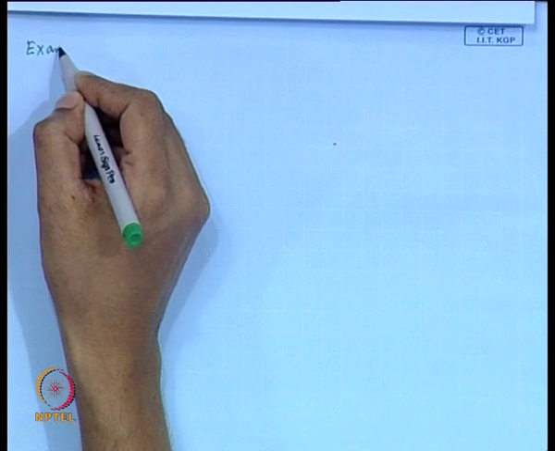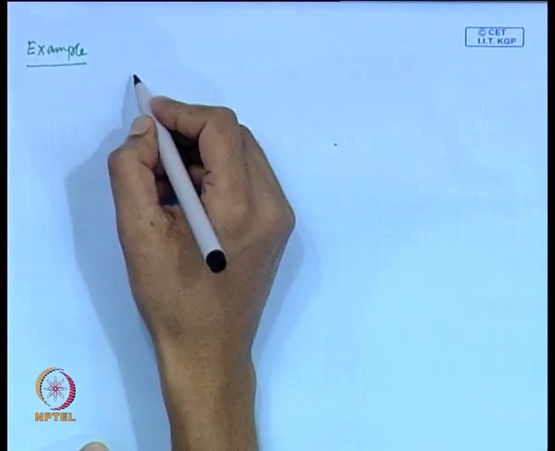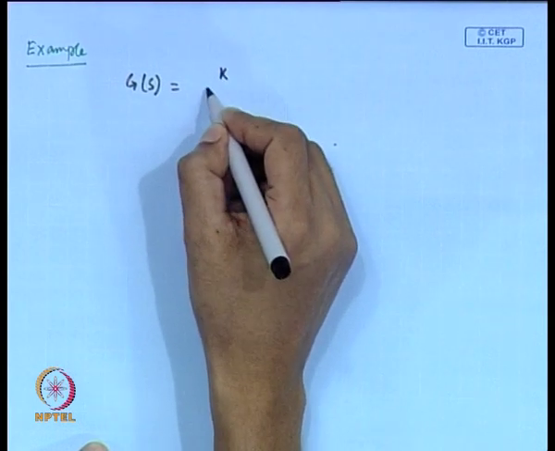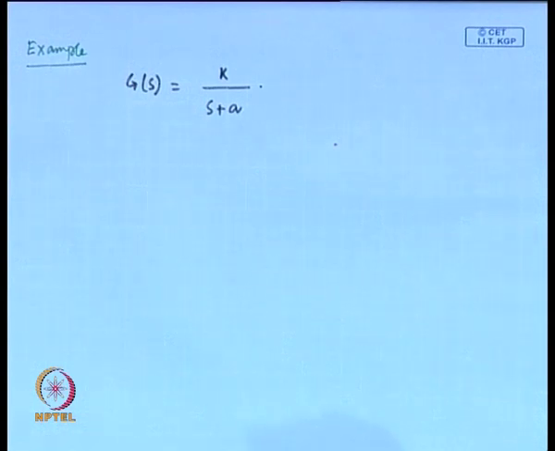Now, we will take one simple example, one simple transfer function that we have discussed earlier, that is G s equals k divided by s plus A. Fine. So, is this a stable system or unstable system?